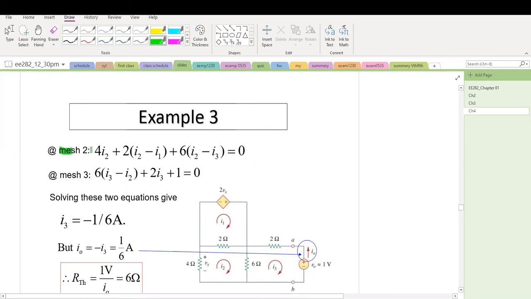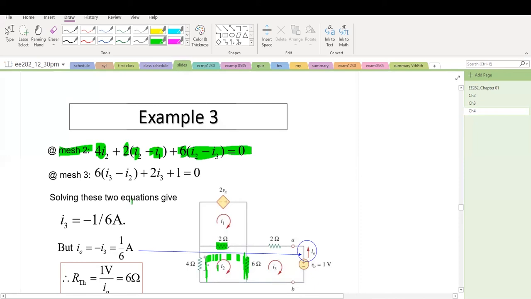So let's look at mesh I2. We walk here, that will be 4 I2, right? And then plus 2 times I2 minus I1, that's the voltage, and then 6 times I2 minus I3, that's the current flowing through this 6 ohm resistor, that equals 0.